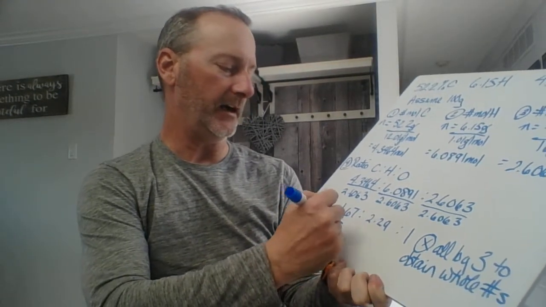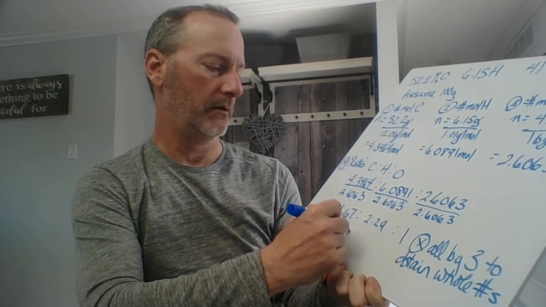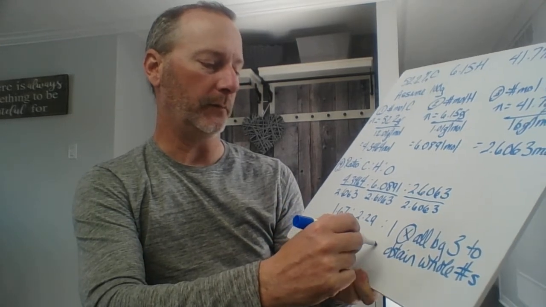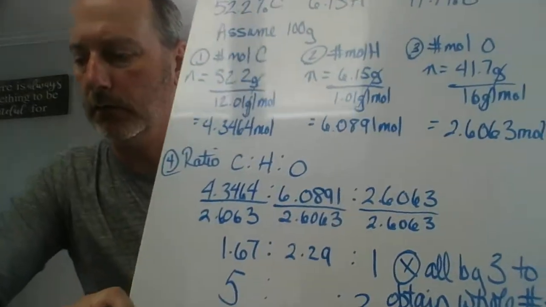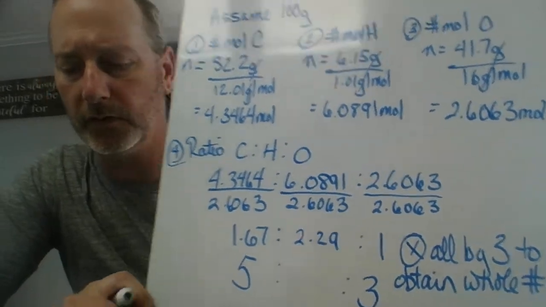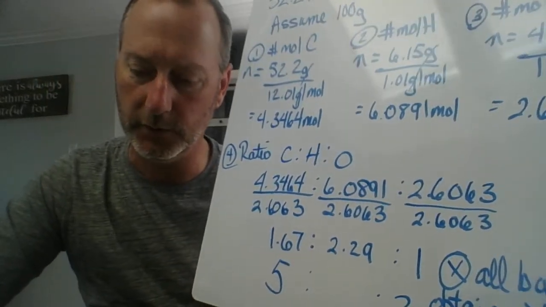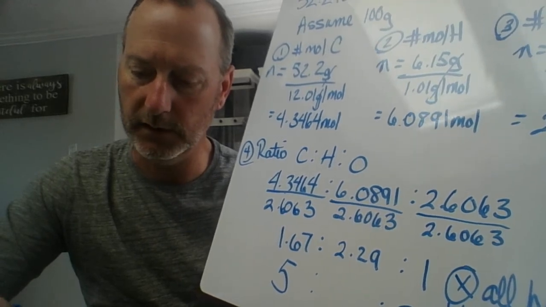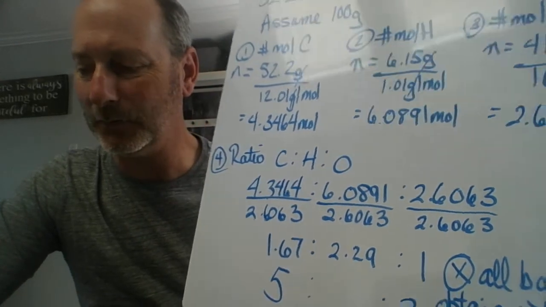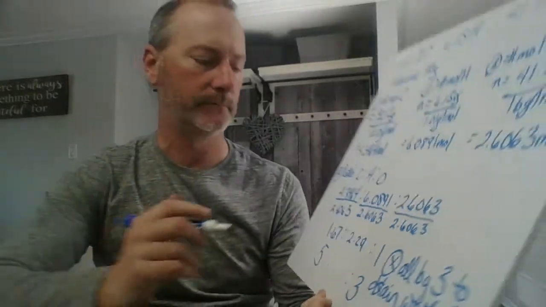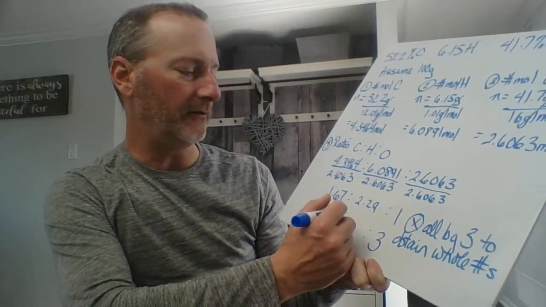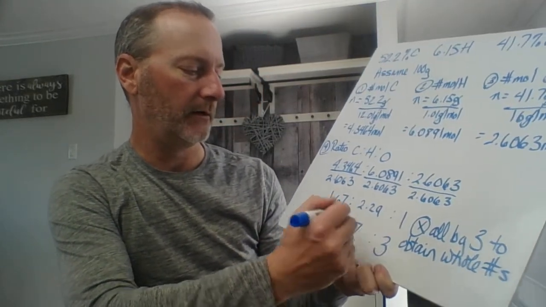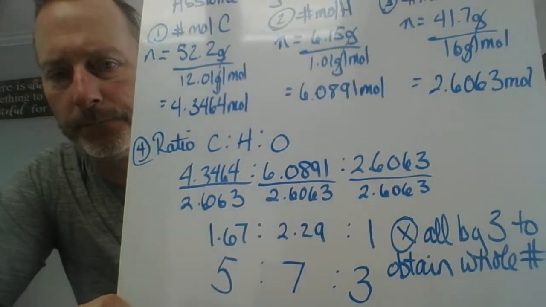This becomes 5. And obviously this one becomes 3. Those are simple. So then take your 2.29 times 3 is 6.87. And 6.87, I'm going to round that to 7.